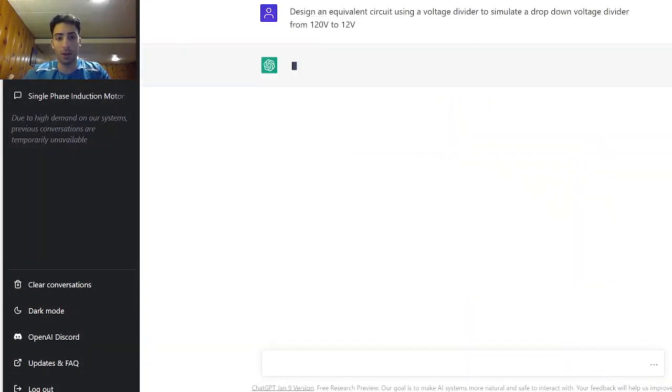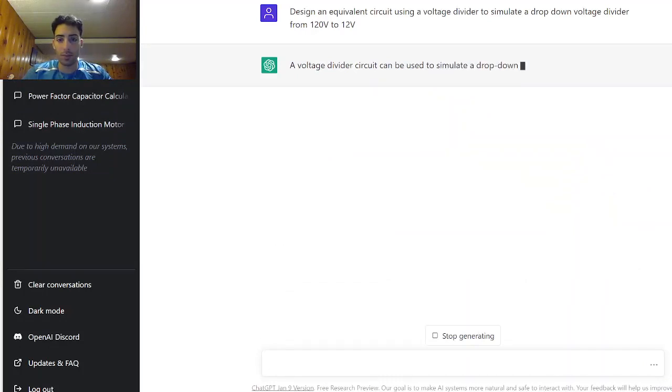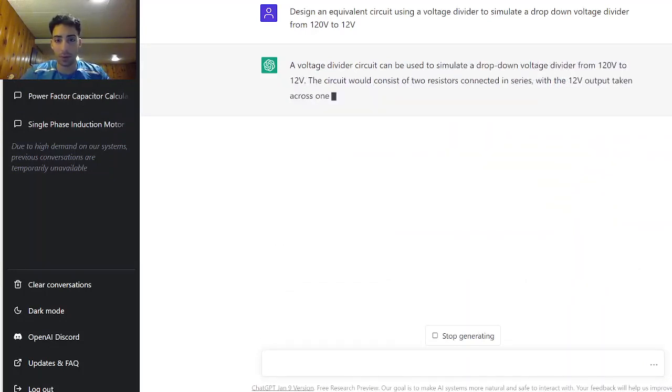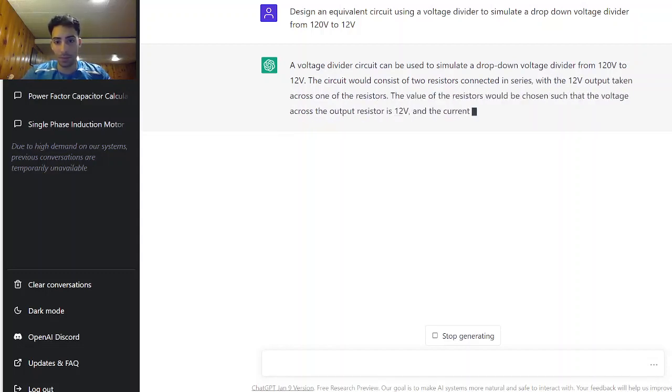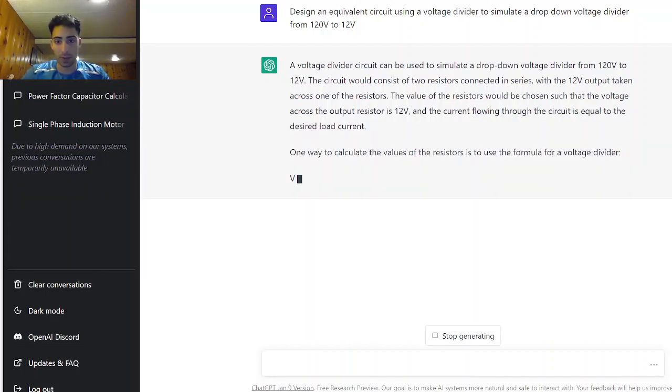Let's see. Okay, so it's giving me two resistors, correct? Okay. So it's going to give me some math. Good.